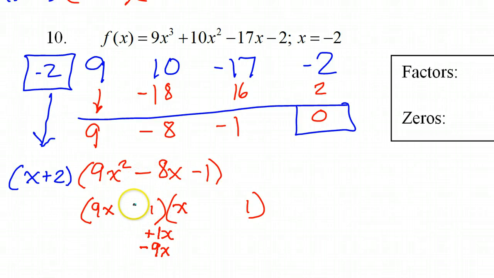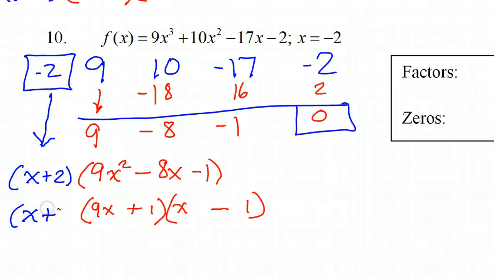The positive 1 is this guy, because that's inner. The negative 9 would have to come from this guy, because that's outer. And a positive times a negative is a negative, so we have factored it correctly. Okay, so bringing down the x plus 2, these are the factors.